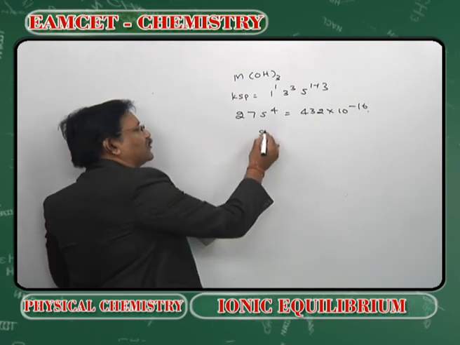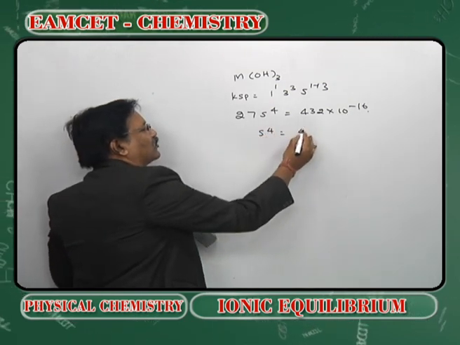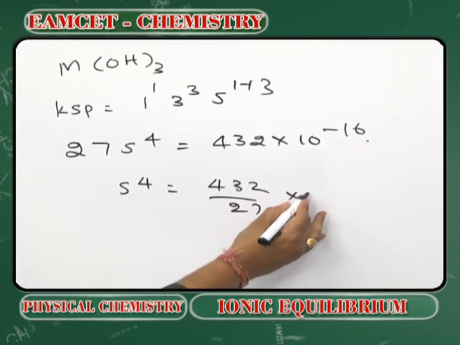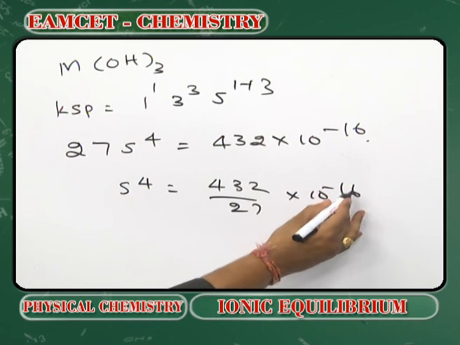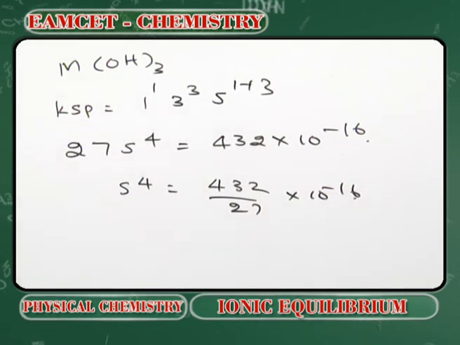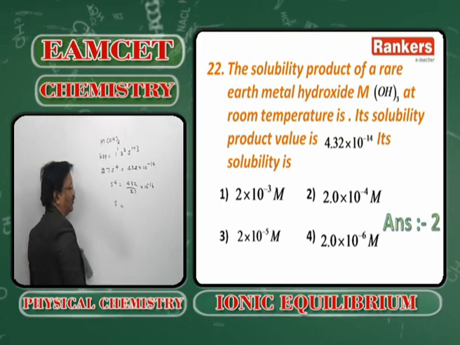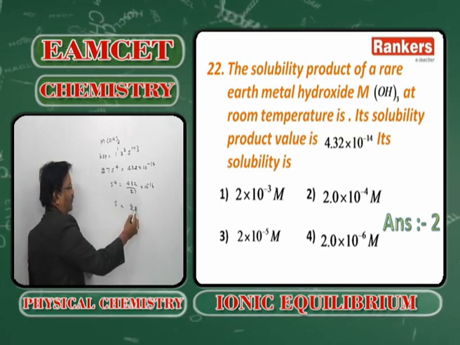So s to the power of 4 is equal to 432 by 27 into 10 to the power of minus 16. Solving, s will be equal to 2 into 10 to the power of minus 4.